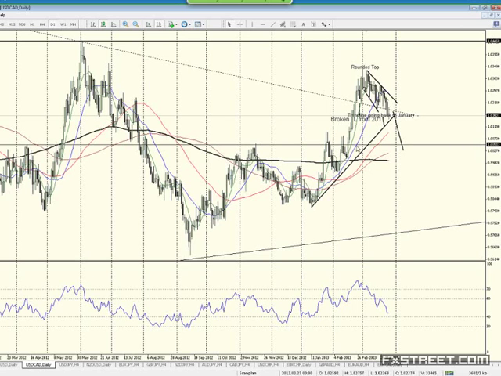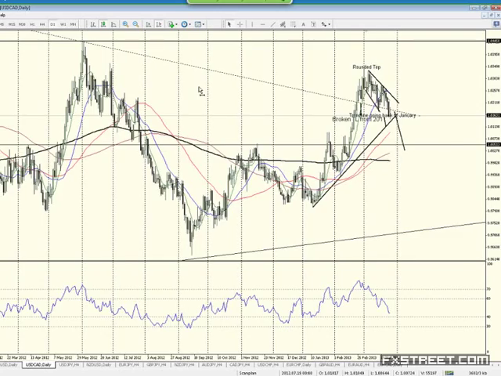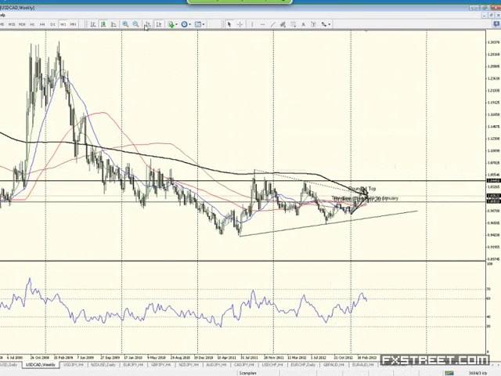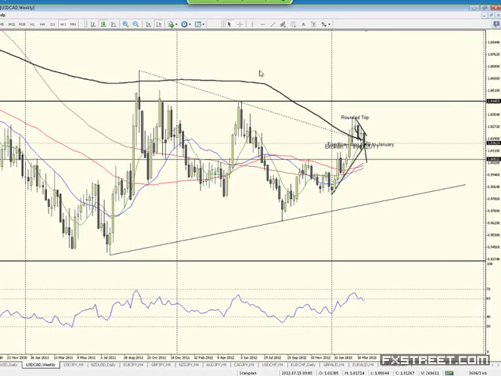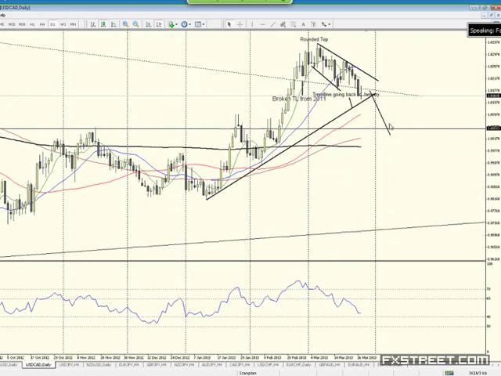When I looked at the weekly chart, we had a recent break, so I was bullish on the Canadian dollar until recent price action made me look at a possible break to the downside as well.